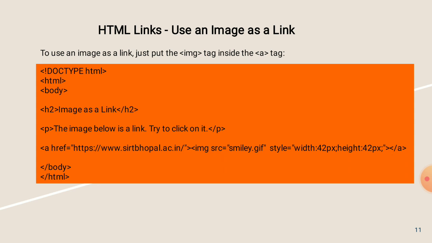Then we declare a href http://www.sirt.bhopal.ac.in, this URL connects with a simple smiley image, smiley.gif, with style width 24 pixels, height 42 pixels, then anchor tag closed, body section closed, HTML closed.